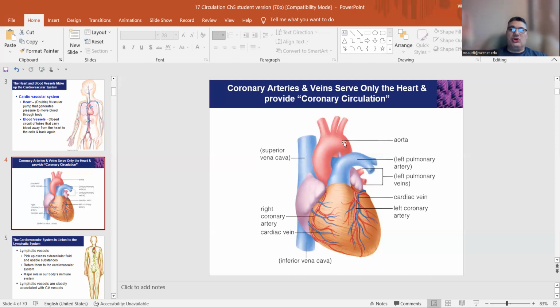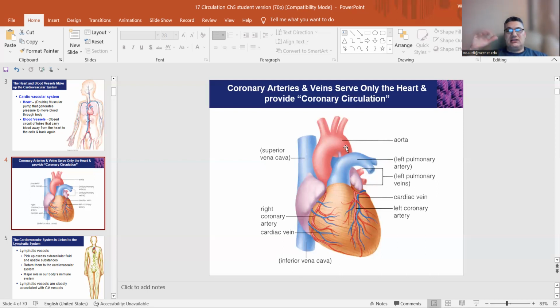From the aorta, it will go to the different parts of the body, but it will act like a tree. The aorta here is, compared to the tree, the main trunk of the tree. And then it's going to divide into big branches, which are called arteries.